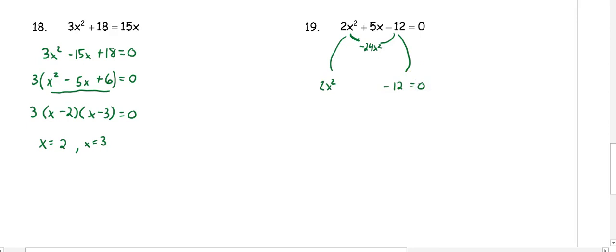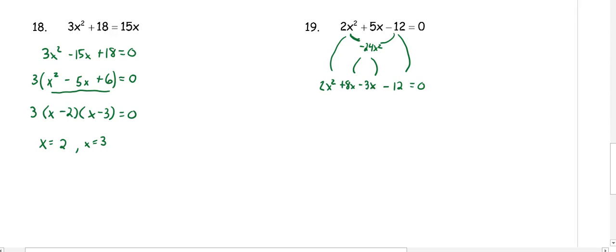So now we need two terms that multiply to negative 24x squared and add to 5x. So each of them is going to have an x, and those two numbers that multiply then are going to be written in the middle here and replace the 5x, or splitting the 5x into two x terms. So those two numbers would be 8x and negative 3x.